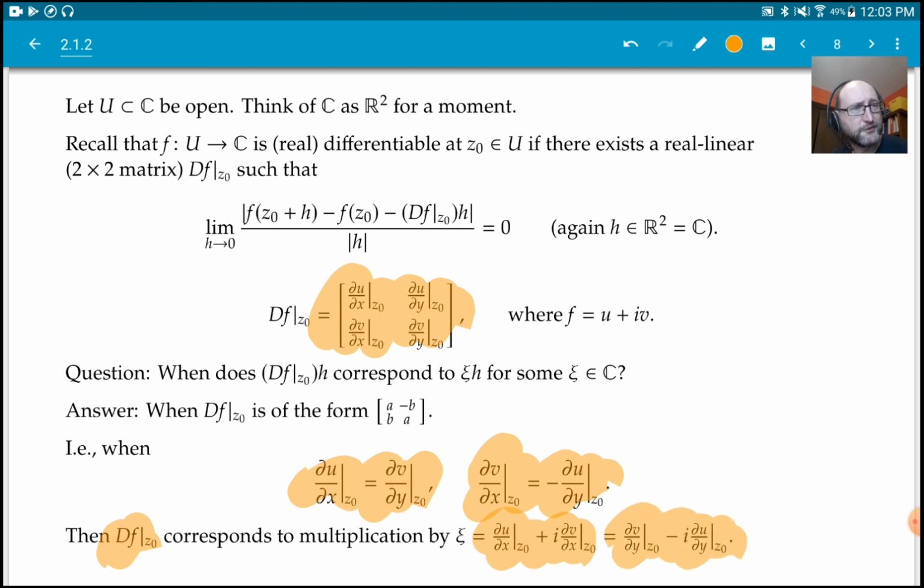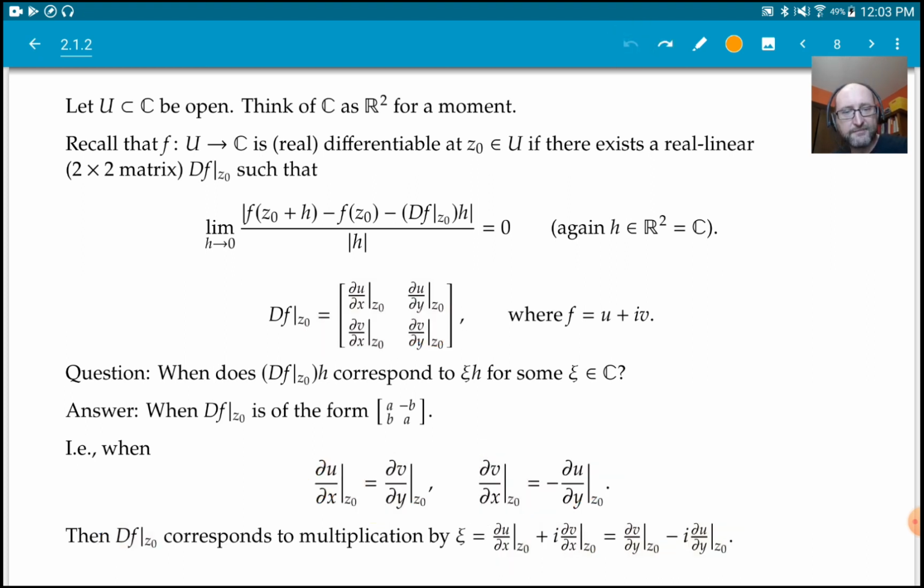That's sometimes useful as well. I mean, it doesn't mean that I just take some random function, I compute these guys, and I say, well, that's the complex derivative. Well, no, the complex derivative would have to first exist, right? So you have to have this thing, right?